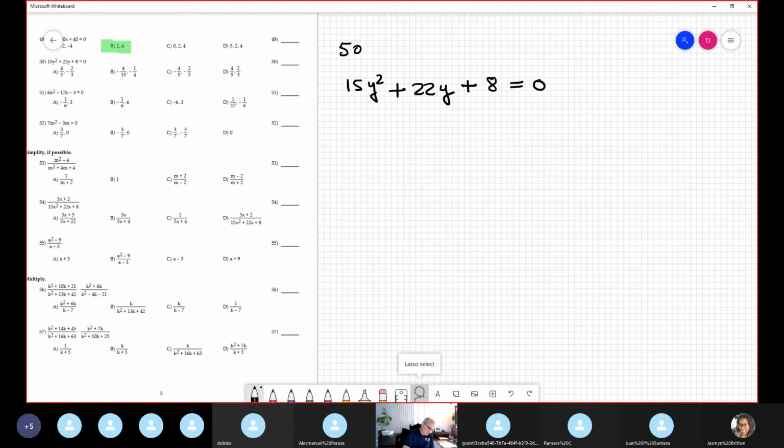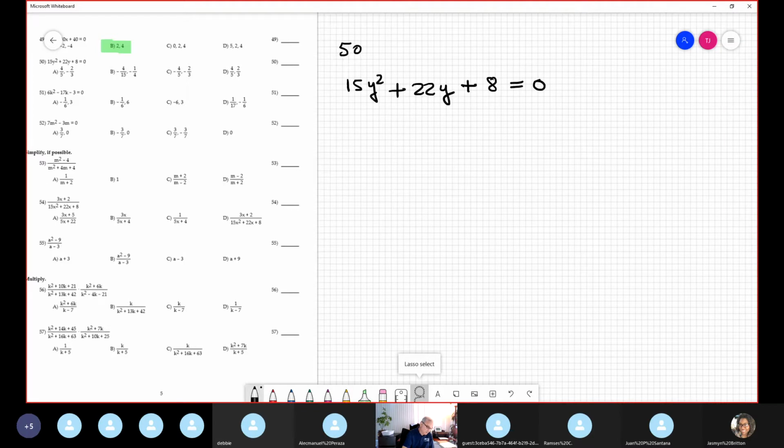First of all, classification. What do you think? The expression on the left-hand side is a trinomial. What kind of trinomial? I have no idea.